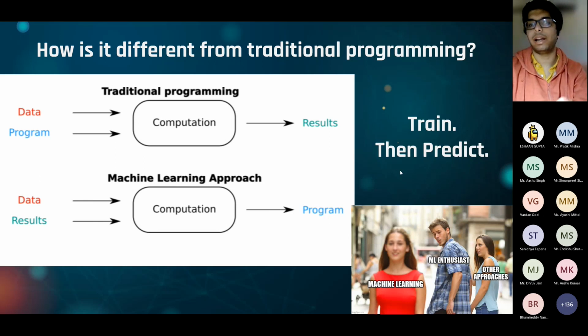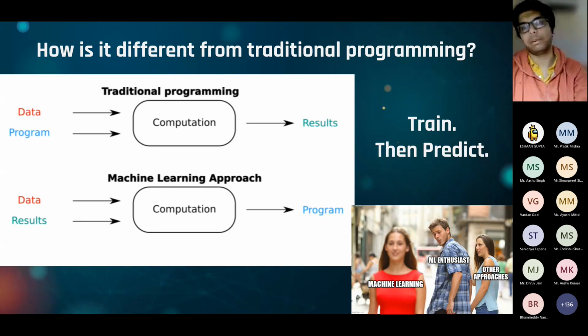A lot of times, when ML engineers or ML enthusiasts are working on some problem, they tend to focus on the machine learning approach, and obviously machine learning is being exploited in very different ways and used in a lot of different fields. But other approaches like traditional programming and classical approaches are also pretty good.